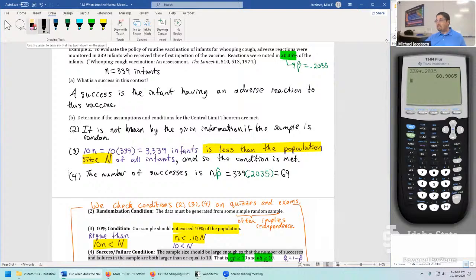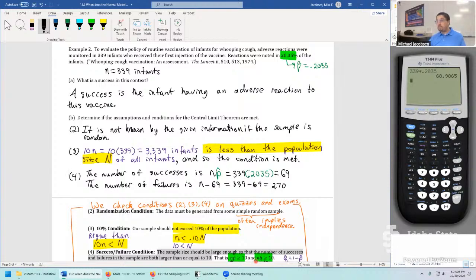So if you have 69 successes, you can use this formula down below to calculate the number of failures. But we mentioned before, thinking about this problem, you might know a shortcut already. The number of failures is n minus the number of successes, 69, which is 339 minus 69, which is 270.